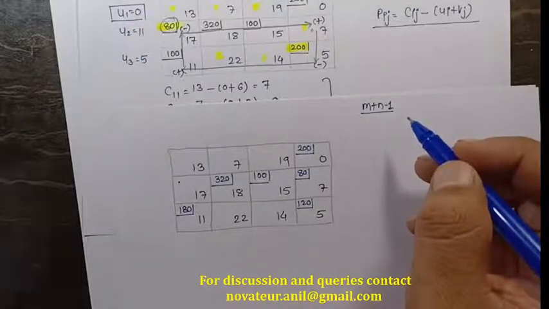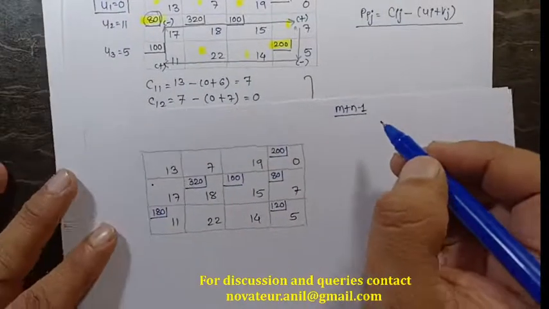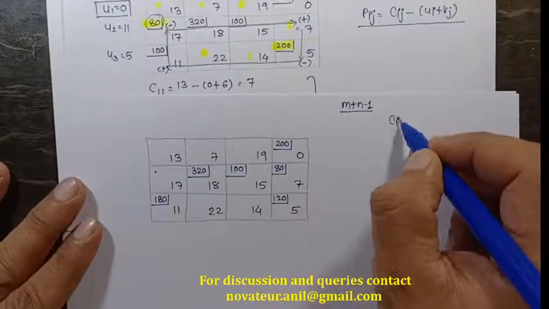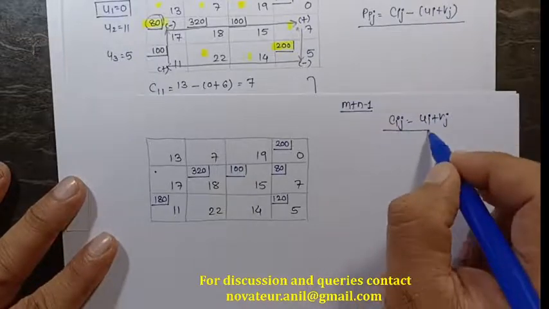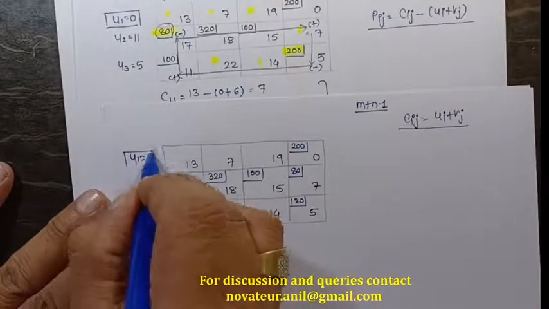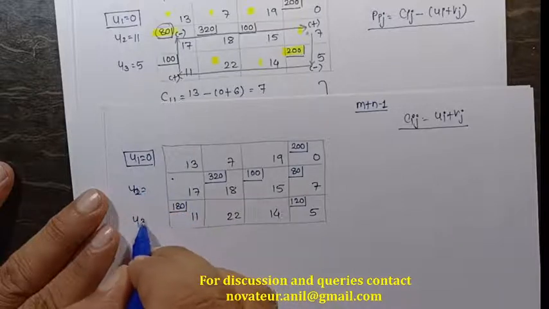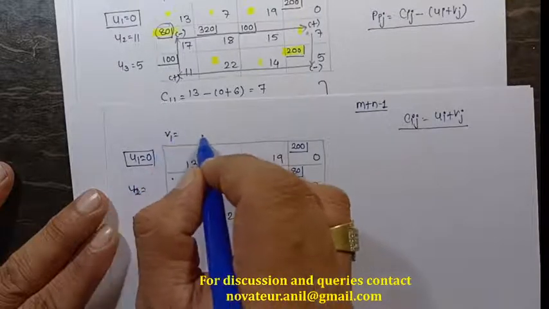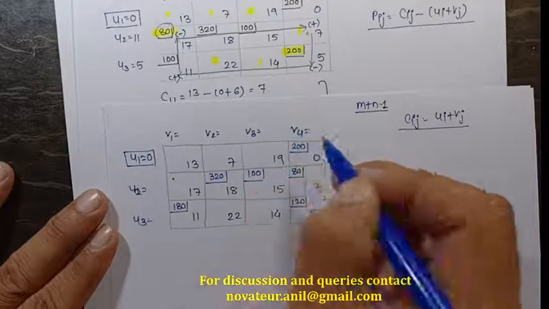Again we need to follow the steps, that is we first have to perform Cij equals ui plus vj, that is for occupied cells. So these are the occupied cells. Here I'll put u1 is equal to 0 by default, u2, u3, then this is my v1, v2, v3 and v4.